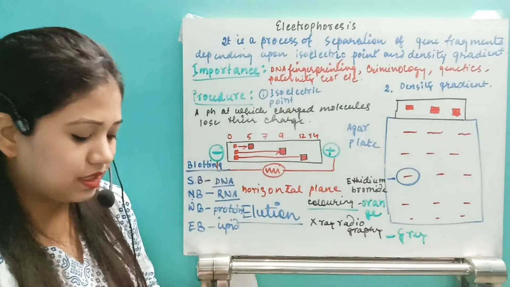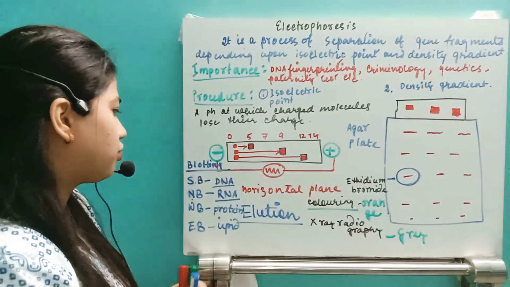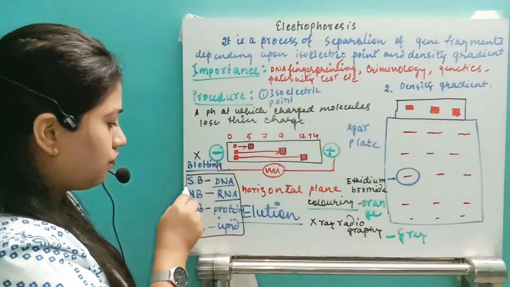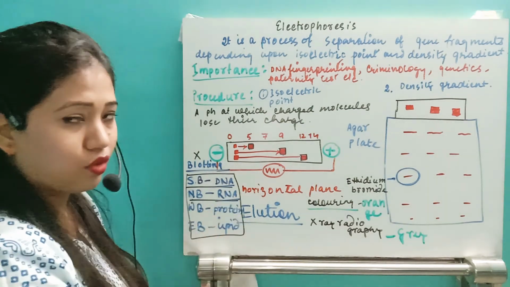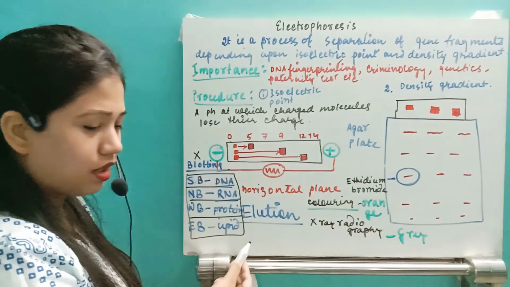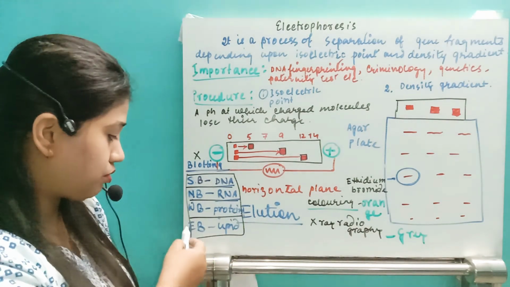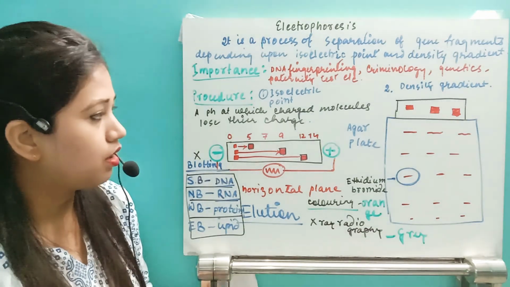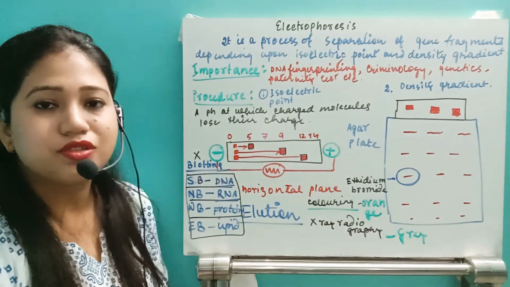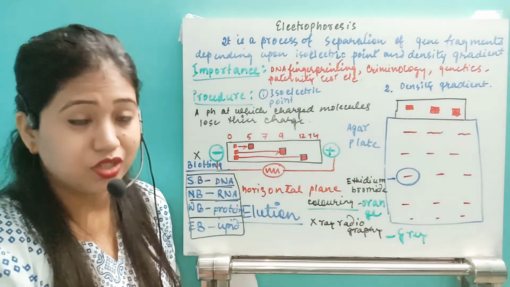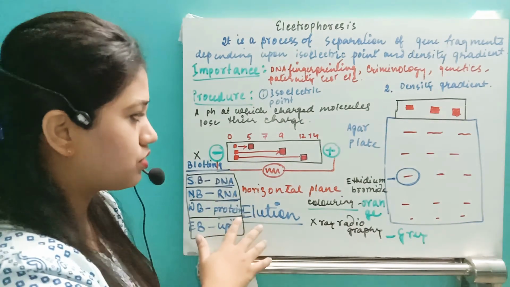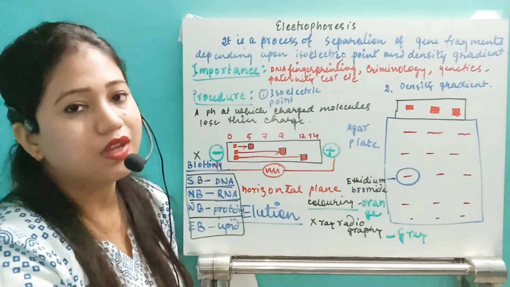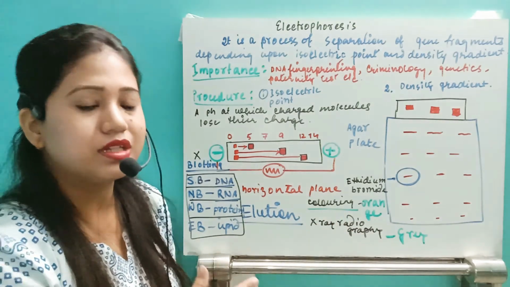This blotting technique is not given, so we're not going to discuss it, but you have to remember this. So by this we can separate the desired gene fragment depending upon their charge, their pH and the density.